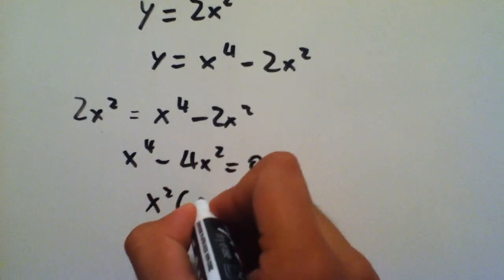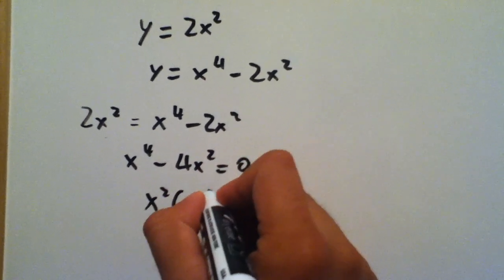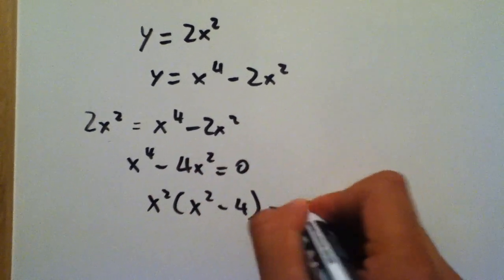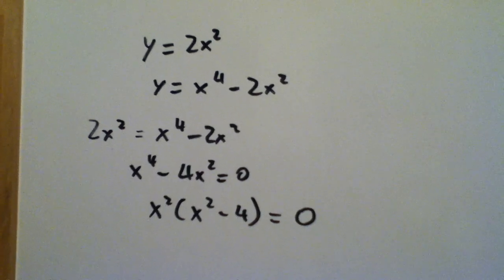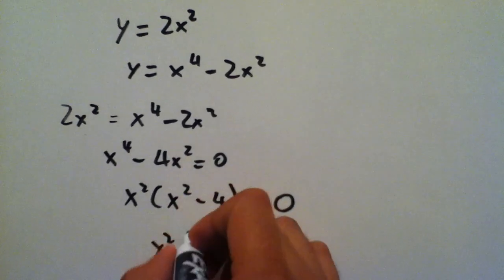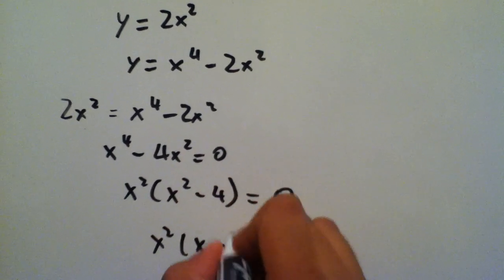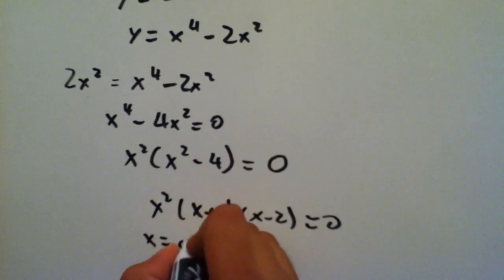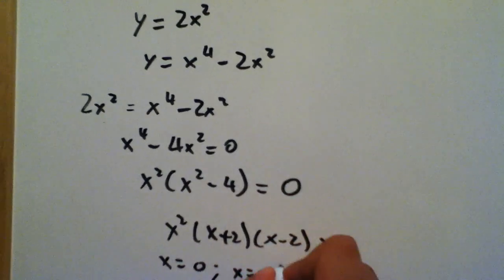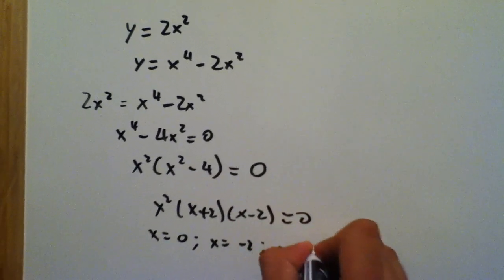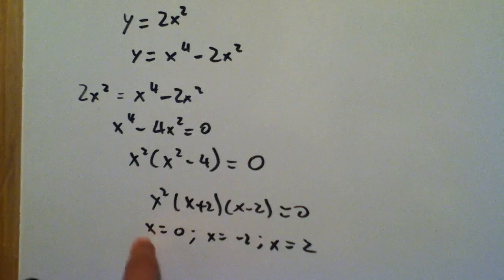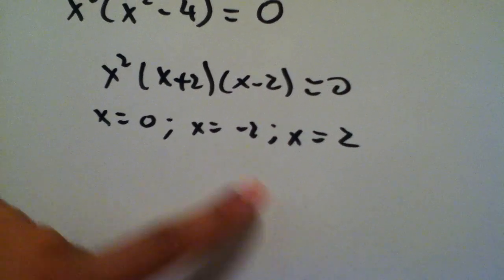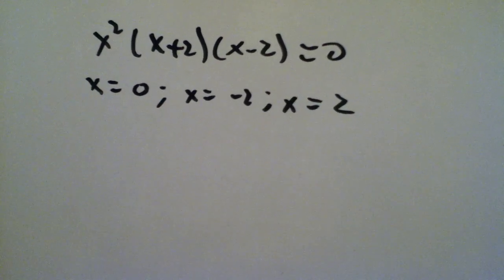You factor it by taking out x squared, and then you can see that this is a difference of perfect squares. So x squared times (x plus 2)(x minus 2) equals 0, and you find these are the 3 points of intersection: 0, negative 2, and 2.